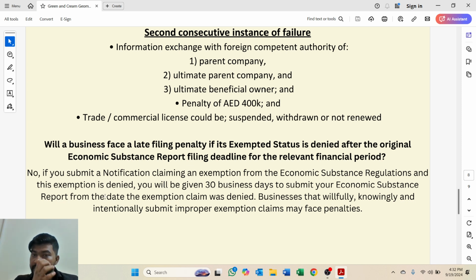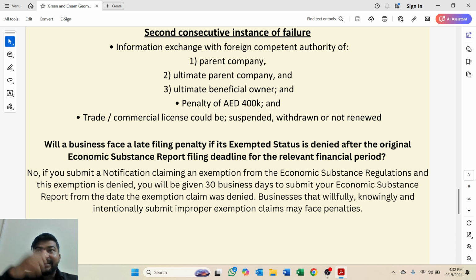Suppose you filed for exempted entity status in the notification. When you file the notification, you have to apply for exempted status if you fall under that exempted category. Now what happens? The report will be filed within 12 months. Suppose in December 2025 you have a deadline to file the economic substance report.